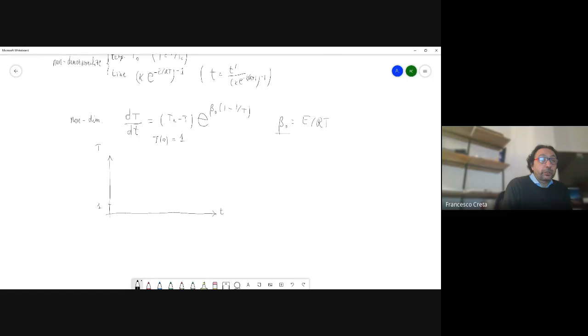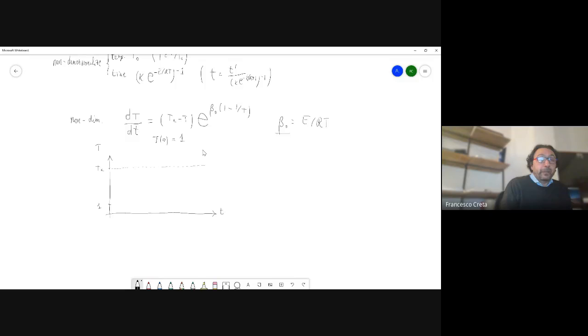And it will reach eventually a steady state at this temperature TA, non-dimensional TA. You see that if T eventually reaches TA, this saturates to 0.